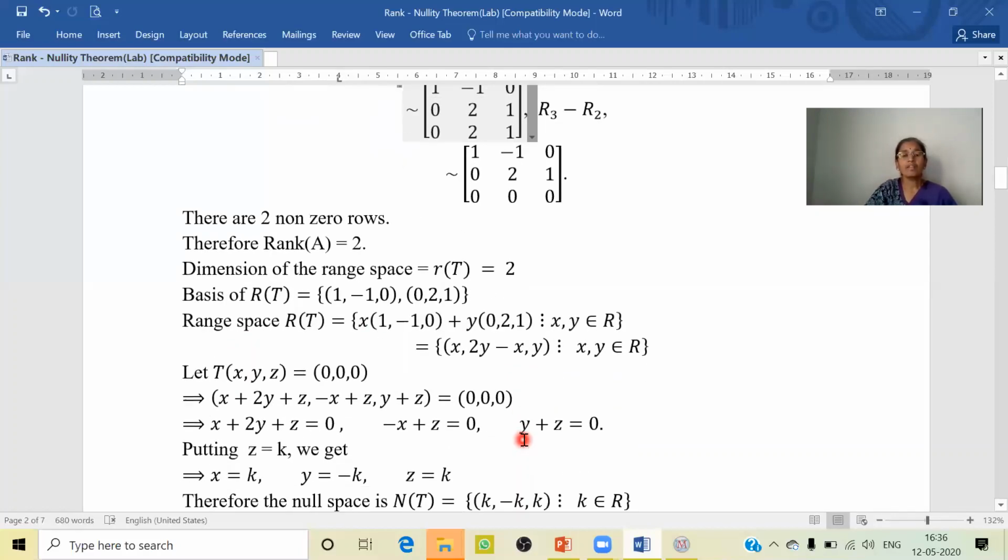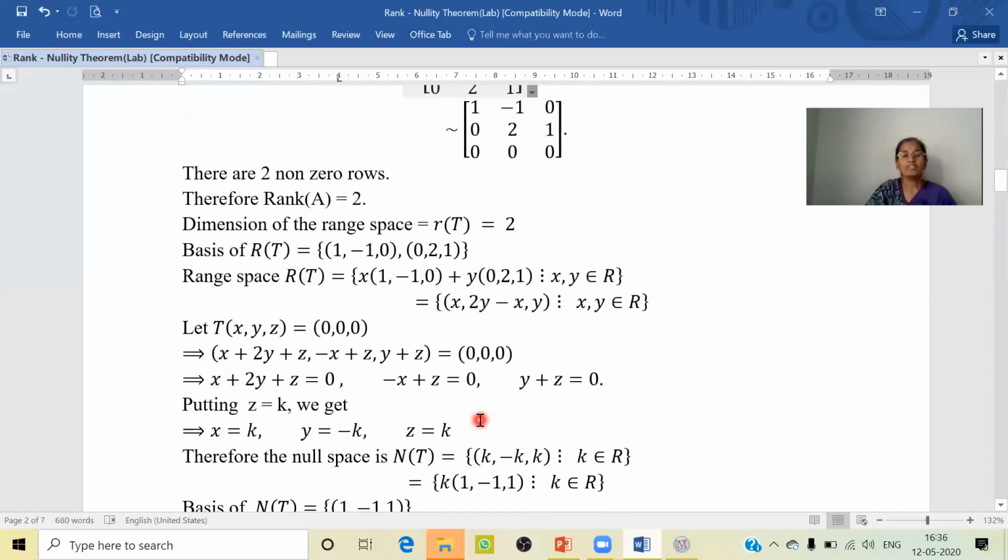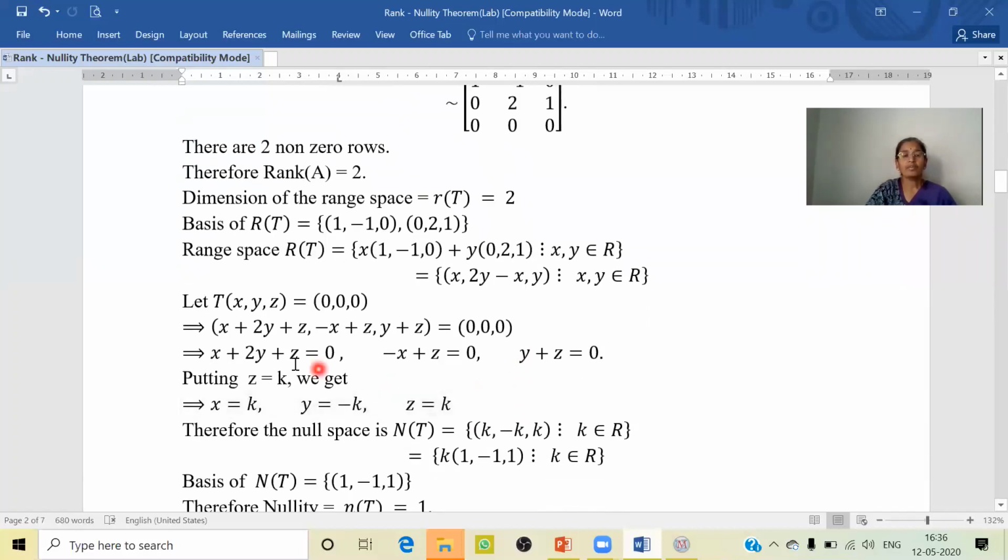Now let us calculate what the elements in the null space are. We know that the null space contains all those vectors whose images are the zero element of the codomain R3. The zero vector in R3 is (0, 0, 0).